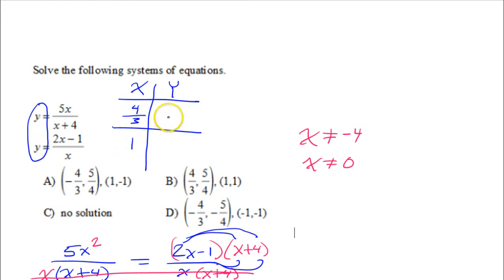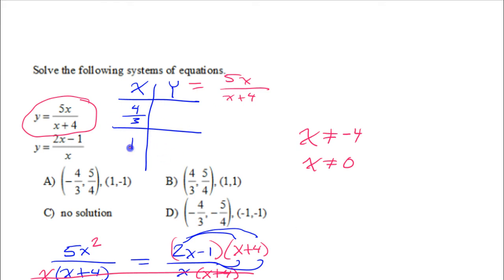How do we find the y values? Well, we will use one of these two equations. It doesn't really matter which. Which one looks simpler to you? Honestly, they both look equally simple to me. I think I'll just use the top one. So y is equal to 5x over x plus 4.